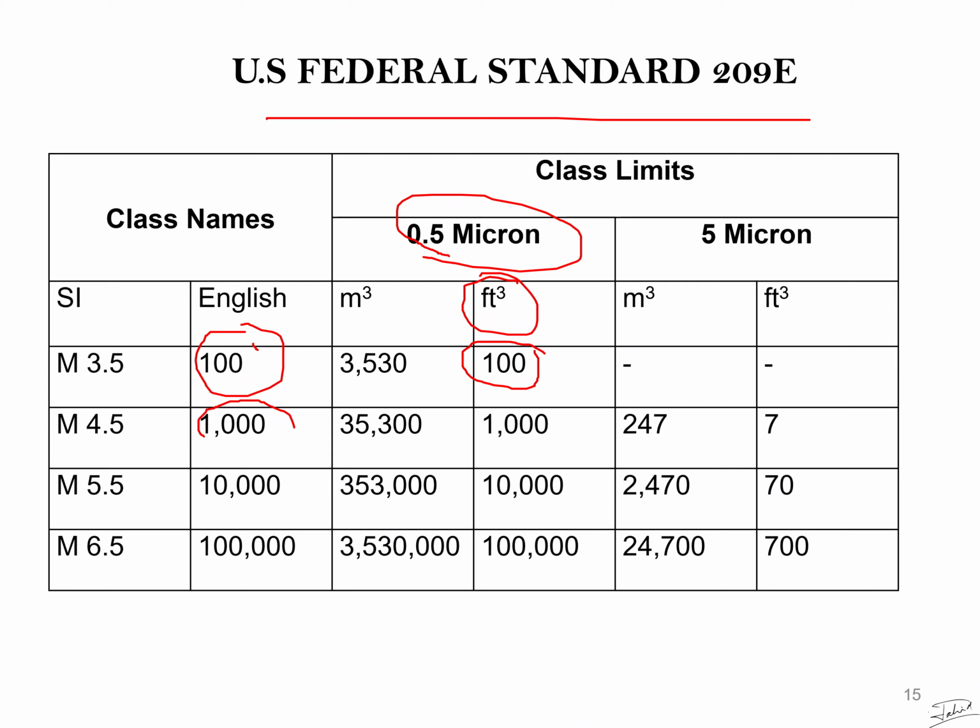In case of 1000, maximum 1000 particles can be retained in the area per feet cube volume of air, which have particle size of 0.5 micron or larger. So these are like that.